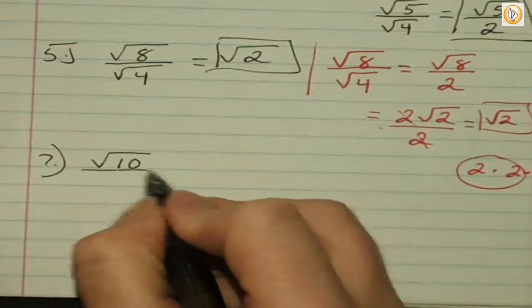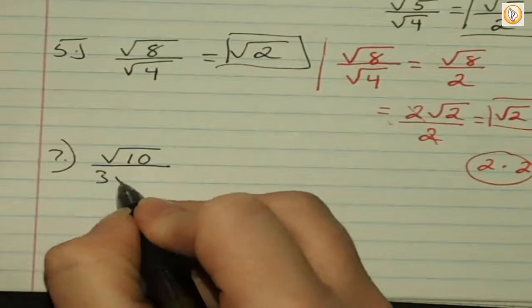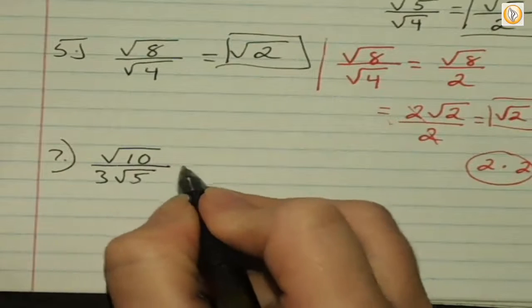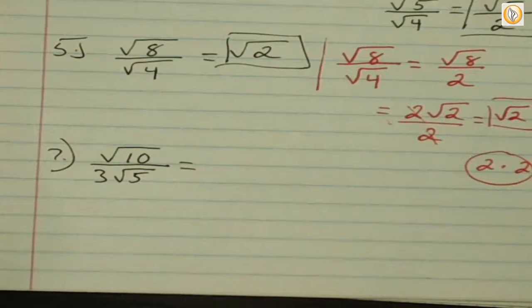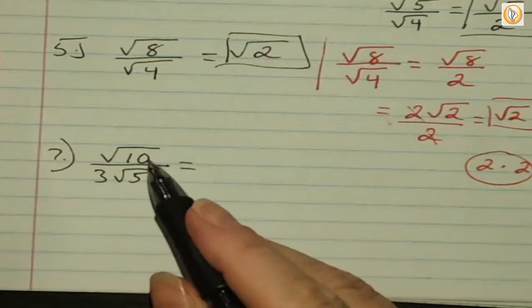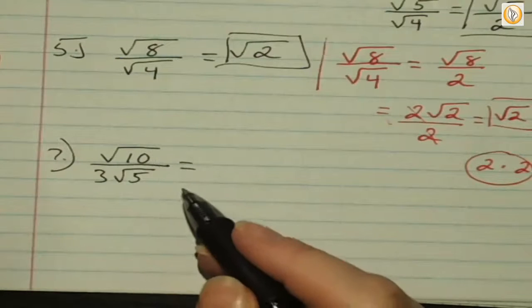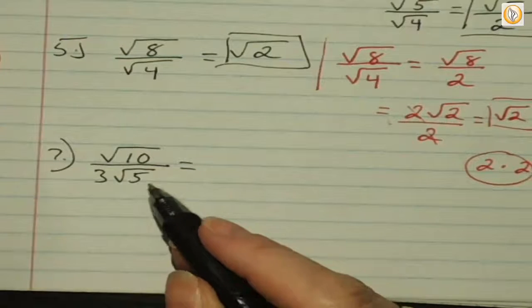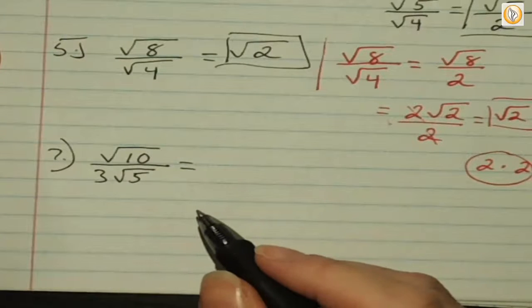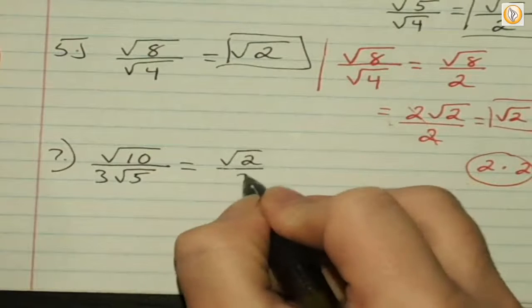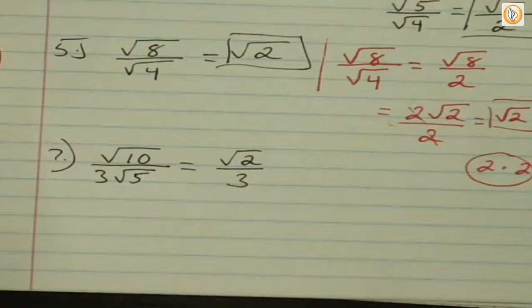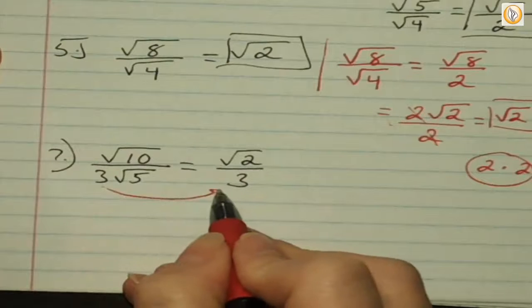Square root of 10 divided by 3 times the square root of 5. Michael, can we divide 10 and 5? Yeah, look right here. Can 10 be divided by 5? Yes. What do you get? 2. So square root of 2 over 3, because that 3 can stay there.